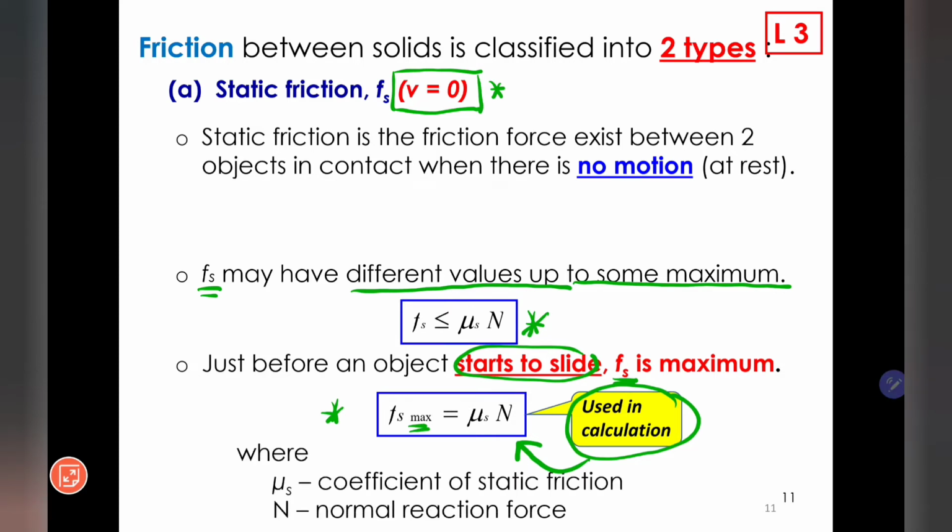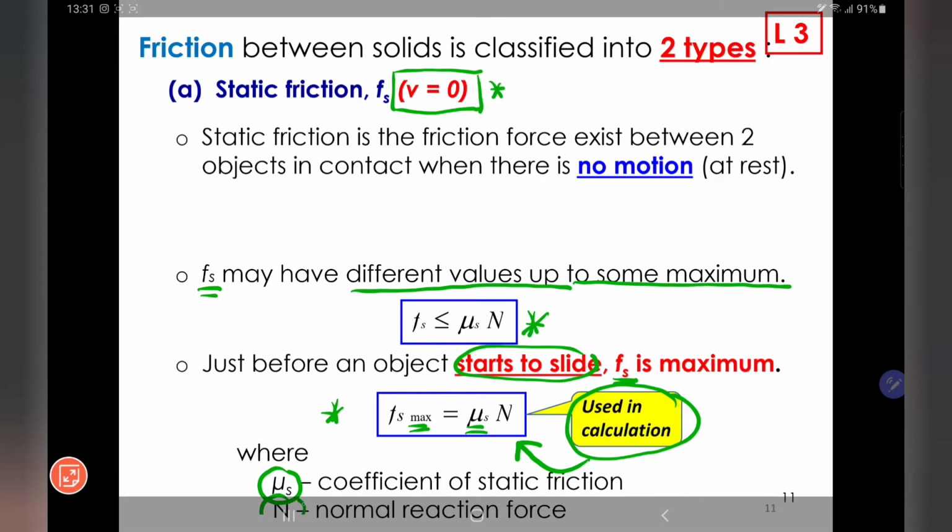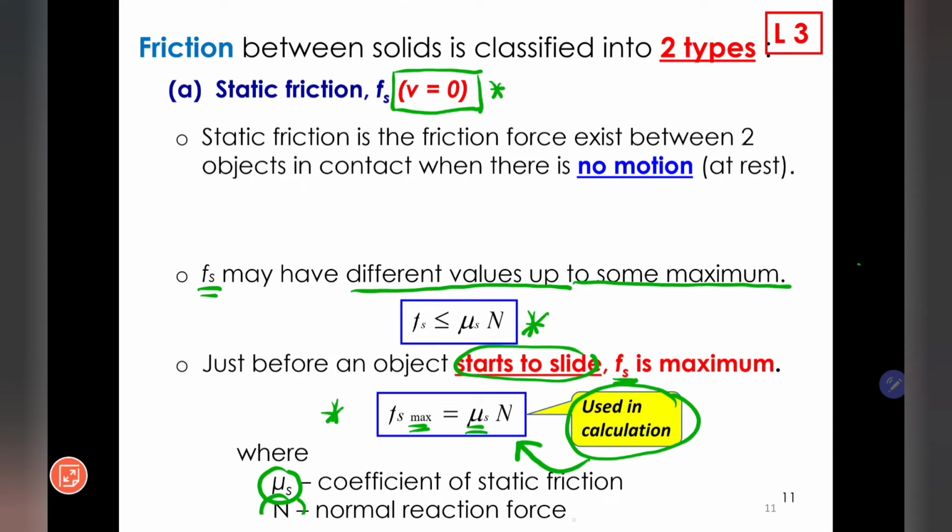Again, mu s represents the coefficient of static friction and N represents the normal force. Remember, the normal force depends on the situation, so we need to check: is it on a normal surface or an inclined surface?